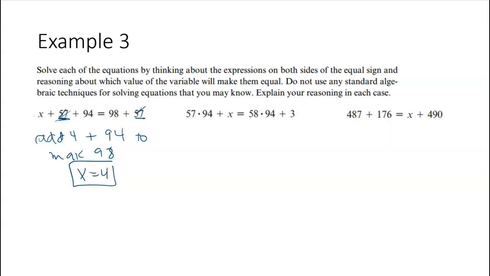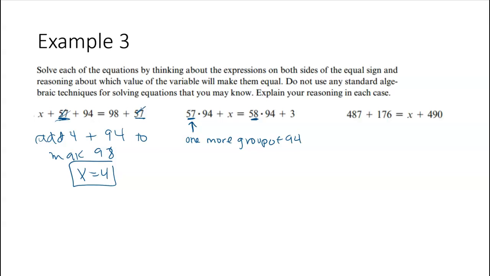All right, let's look here. We've got 57 times 94 plus x, and then 58 times 94 plus 3. So let's look at the differences to try and balance this out. So here we've got 58, and here we've got 57. So we need one more group of 94. Again, group of 94, because we're multiplying it by 94.